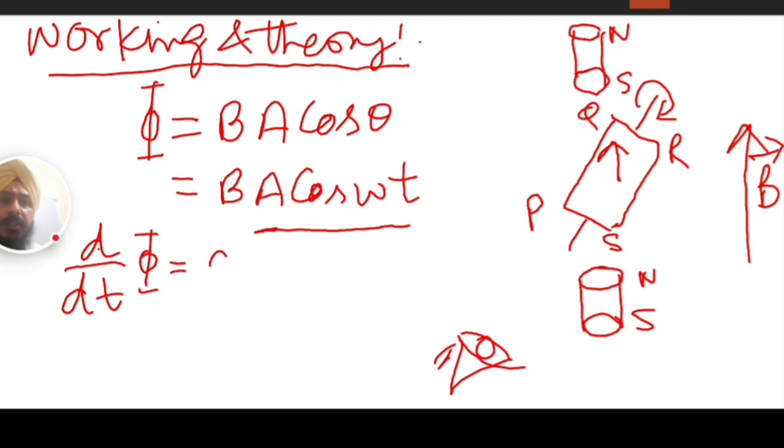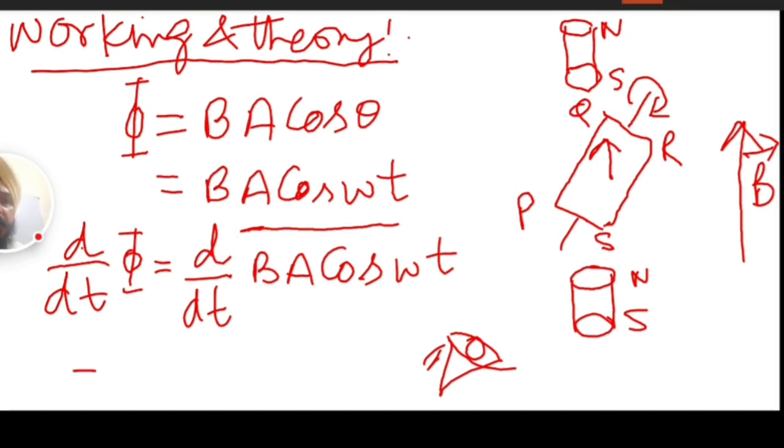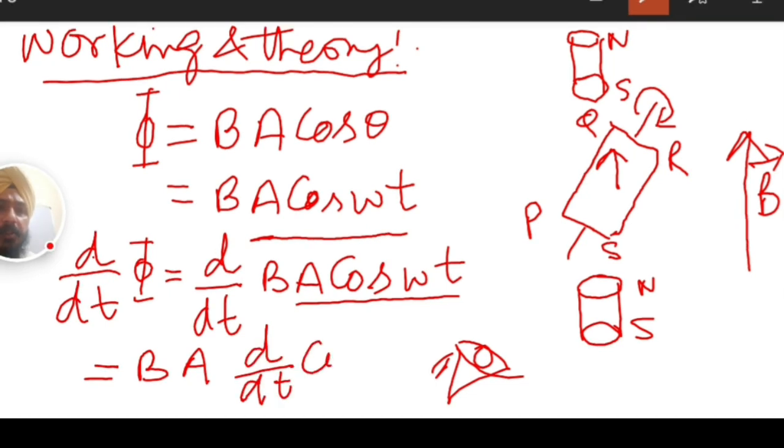It will be d upon dt of B A cos omega t, which will be equal to, as the magnetic field is constant, it will come out of the derivative. So we are left with A cos omega t. The magnitude of the area does not change, so A comes out, dt of cos omega t.